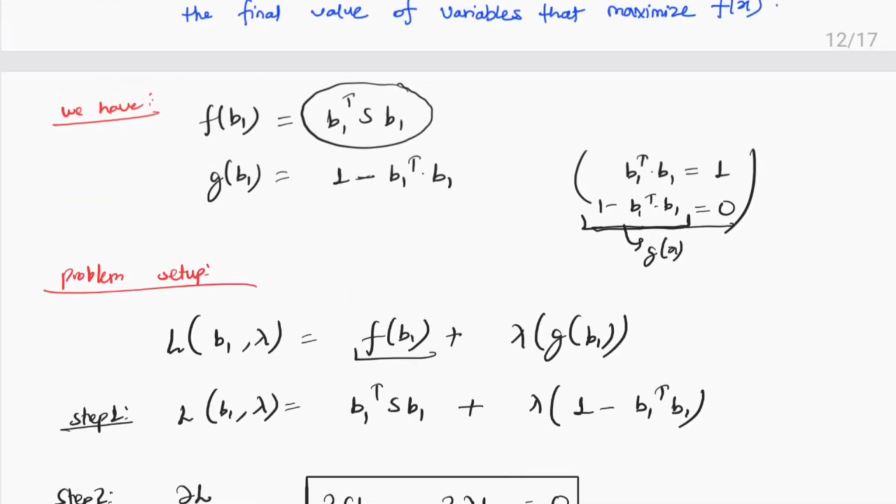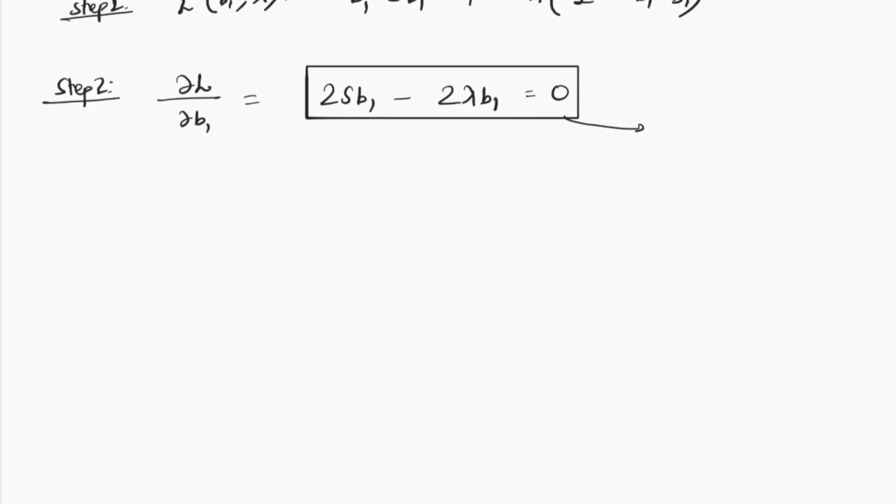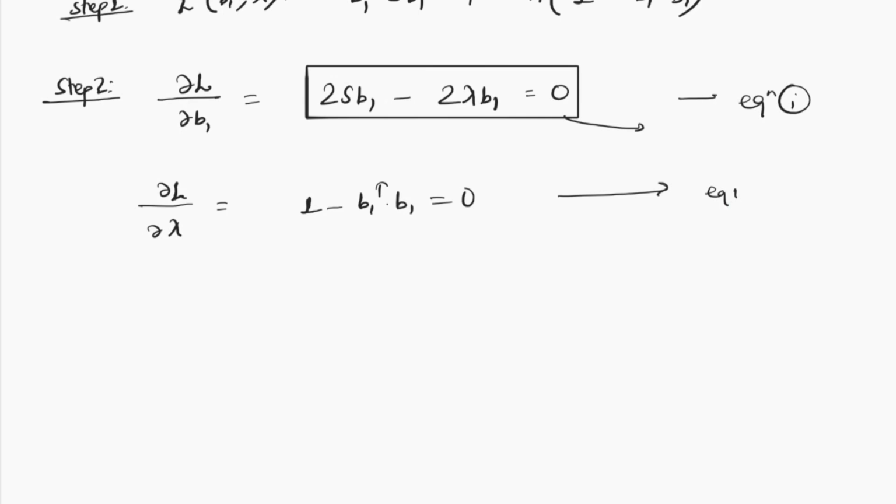I will explain how I did that differentiation. And then in step 2 we differentiate the Lagrangian with respect to lambda, where we get 1 minus B1 T B1 is equal to 0. So this becomes your equation 1, and this becomes your equation 2.